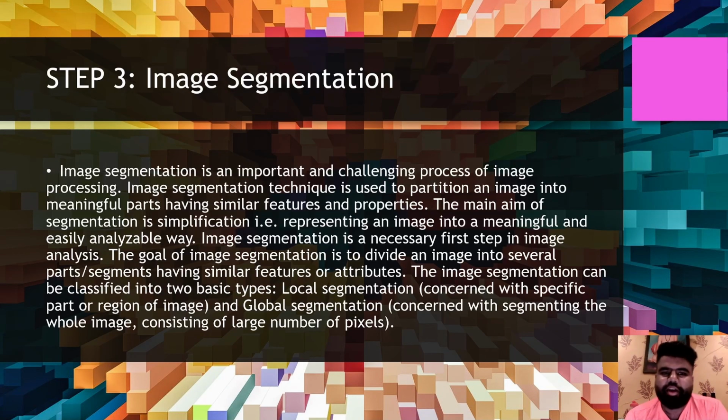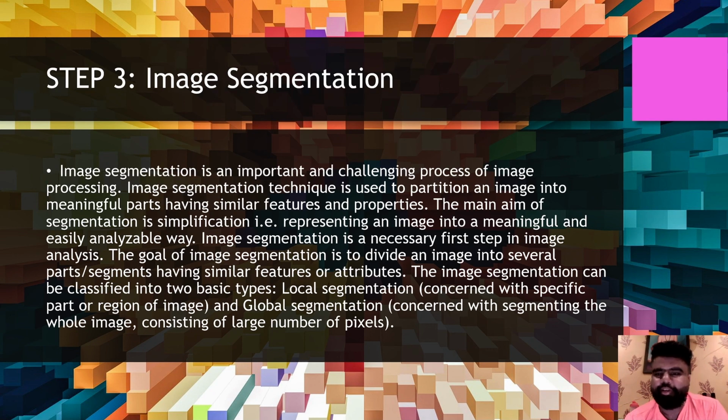Then third step is image segmentation. Image segmentation is a process of dividing an image into multiple segments or regions, each of which corresponds to a different object or part of the image. In the context of plants, image segmentation can be used to separate the plant from the background or isolate different parts of the plant, such as leaves or flowers.